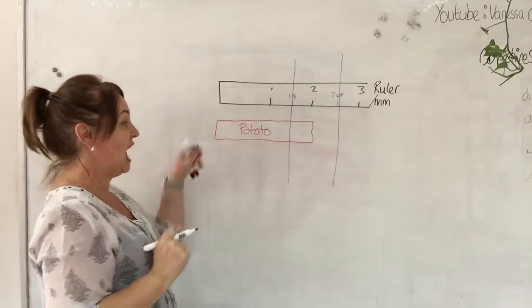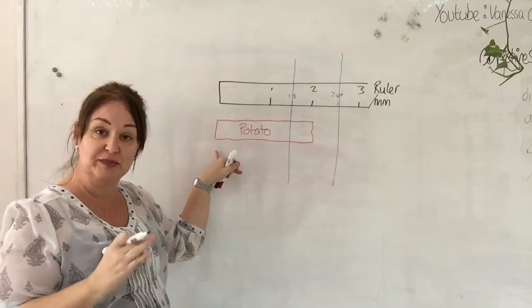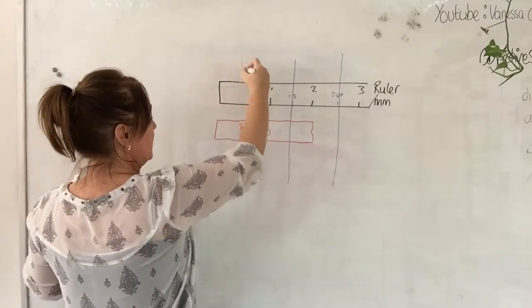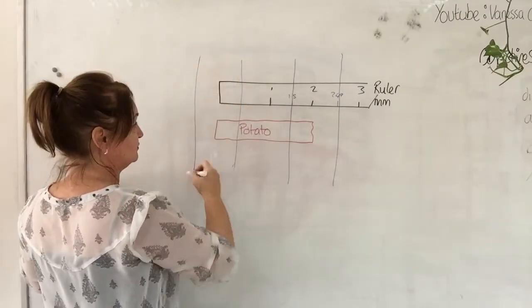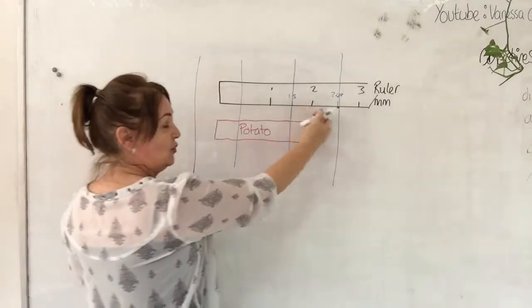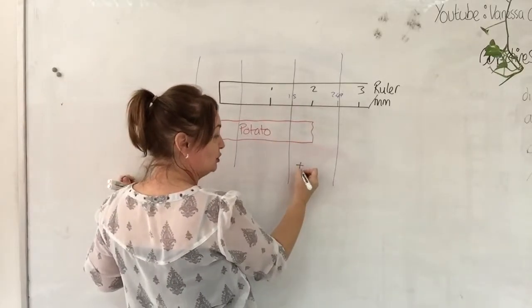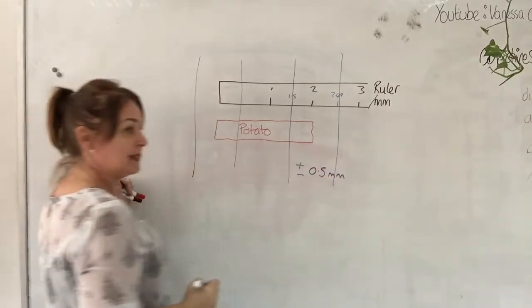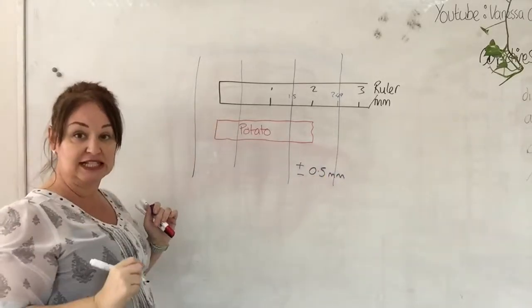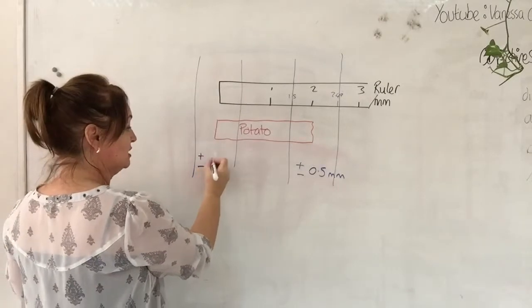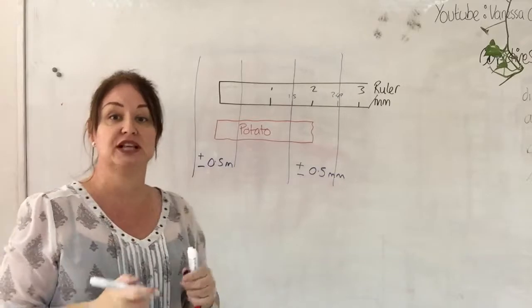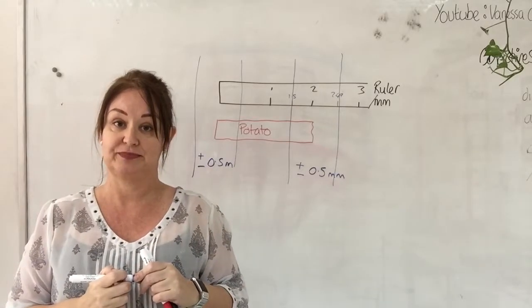Because we have done the same at the beginning of the potato where we've lined up the 0, we've also got the same uncertainty. So here we've got an uncertainty of plus or minus 0.5 millimetre, and here we've got an uncertainty of plus or minus 0.5 millimetre, giving us a total uncertainty of 1 millimetre.